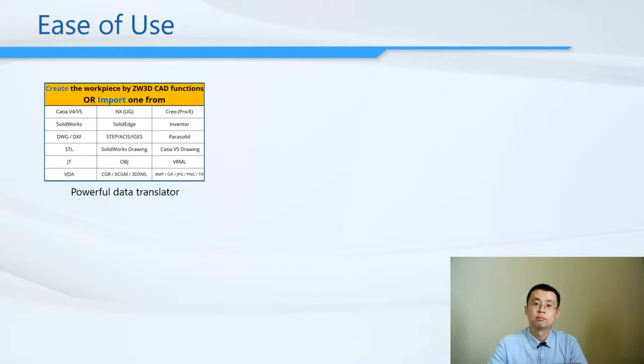That is not a problem for ZW3D because we have a very powerful data translator to cover most of the popular file formats in the market. CATIA, NX, Creo, SolidWorks, Solid Edge, Inventor, all the mainstream software can exchange data with ZW3D. So data exchange is never a problem for ZW3D.